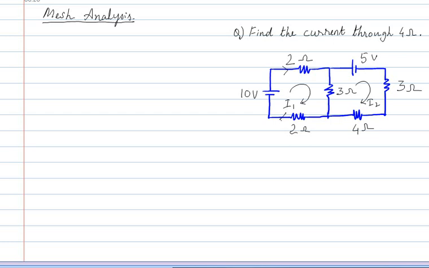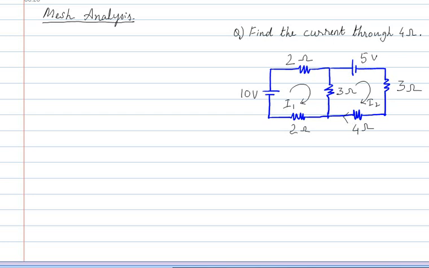Similarly, here also only I1 current will flow. Here also only I1 current will flow. Whereas when we come to this mesh, here only I2 current will flow. Here also I2 current will flow. In this branch also I2 current will flow.